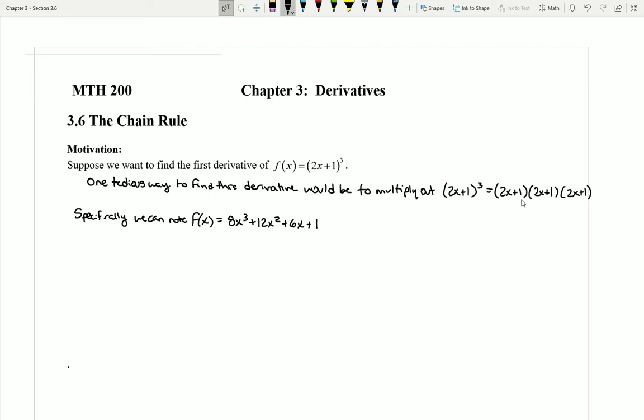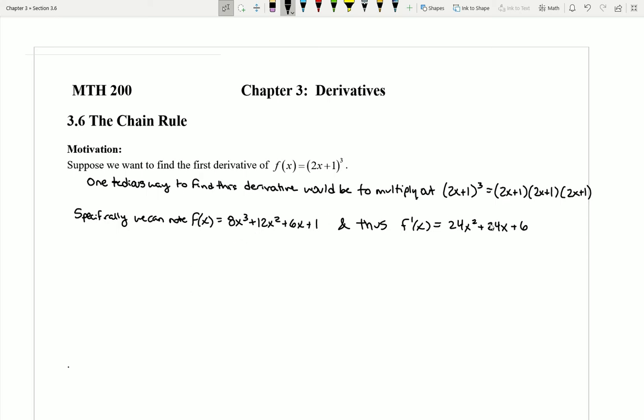I'm going to avoid doing that here in this video, but this is the final result of what I would end up with. And of course, if I have that as my value of f of x, then it does become much easier to take this derivative, right? Because I can just use my power rule and my sum rule. And I'd end up with something like 24x squared plus 24x plus 6, and then the derivative of the 1 would just be a 0.